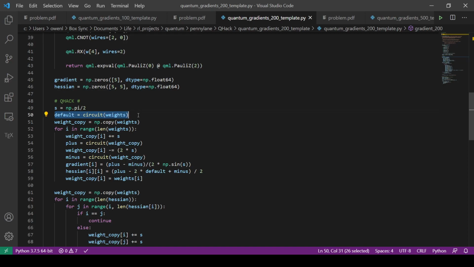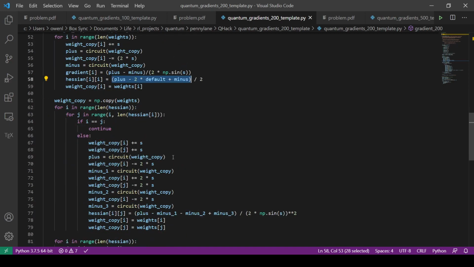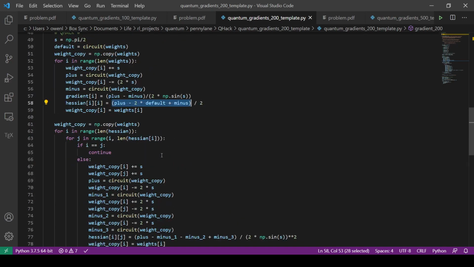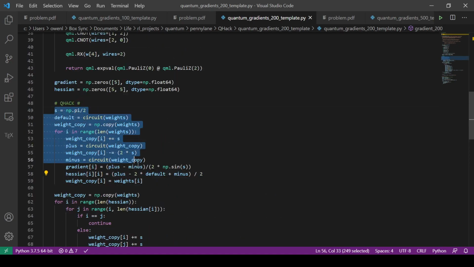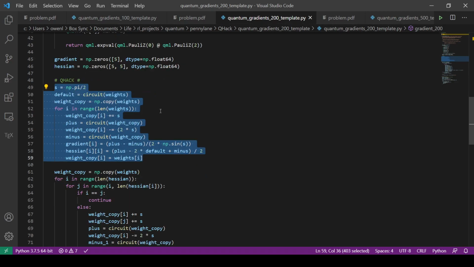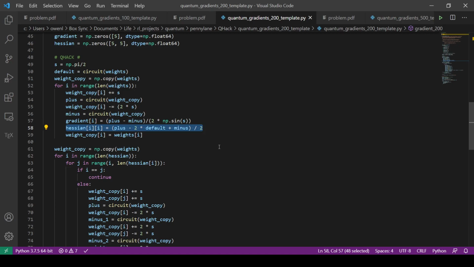This is presented in the paper we discussed last time that presents the arbitrary higher order derivatives. So basically we can reuse some of these calculations. This is the gradient right here, and this is exactly the same. I literally copied the code from the previous problem, and so the only added value is this Hessian symmetric term, or diagonal term, right here.